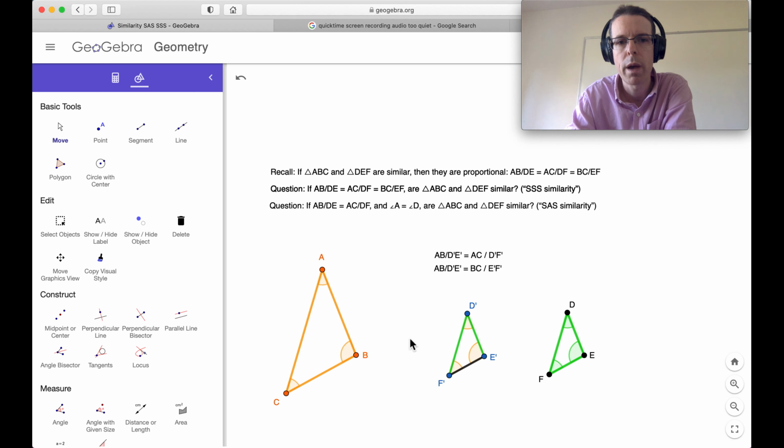Basically, whatever ratio we have between AB and D prime E prime, that must agree with the ratio between AB and DE, but it is assumed to also agree with the ratio between AC and DF by the assumption up here, and by proportionality, it must agree with the ratio AC over D prime F prime. So that forces D prime F prime to agree with DF in length.